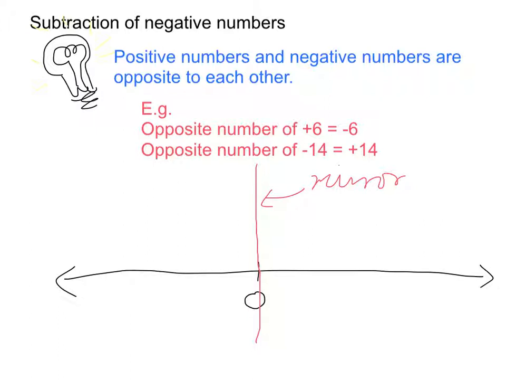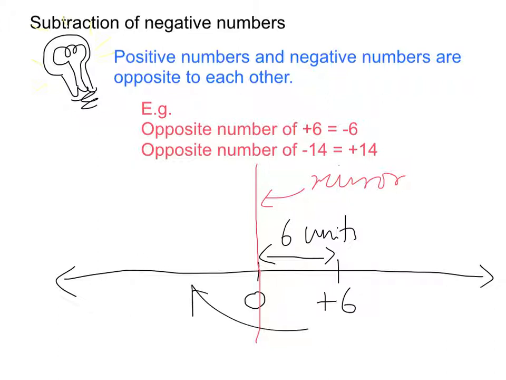If we have positive 6, the positive here means it is on the right of 0. That's why positive 6 is here. This distance is 6 units, and the opposite of it will be on the left.